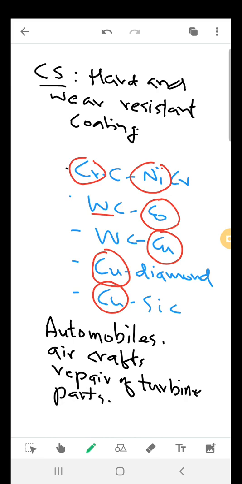And as we have said, there is no oxidation or cracking involved in cold spray, or even if there is some oxide, it gets removed through the shock wave generated.